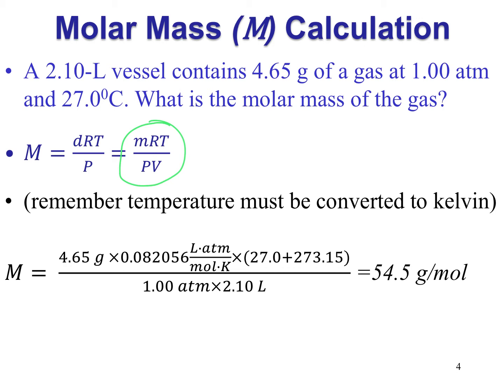Thus, the molar mass is 4.65 grams times 0.082056 liter atmospheres per mole Kelvin times 300.15 Kelvin divided by 1 atmosphere and 2.10 liters. The answer is 54.5 grams per mole.